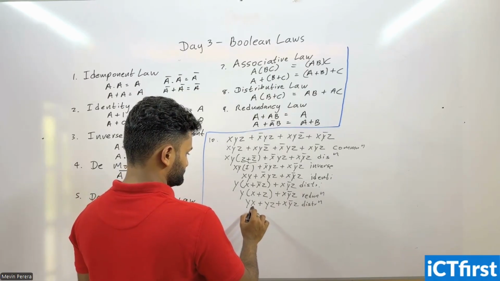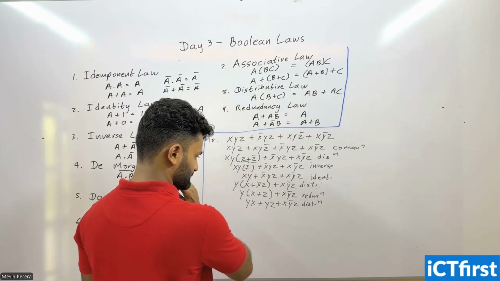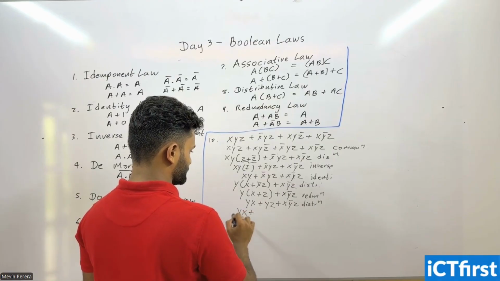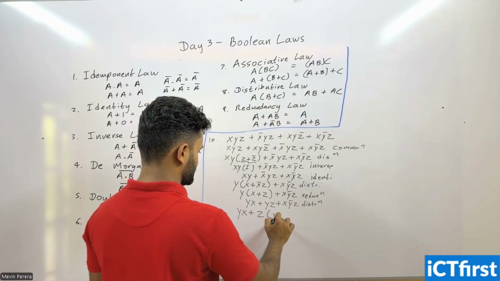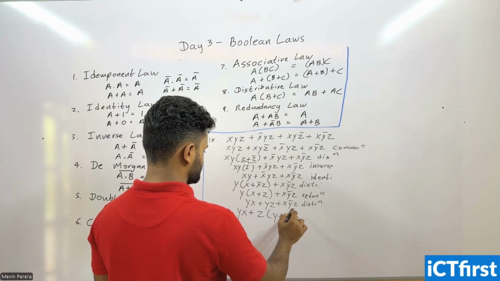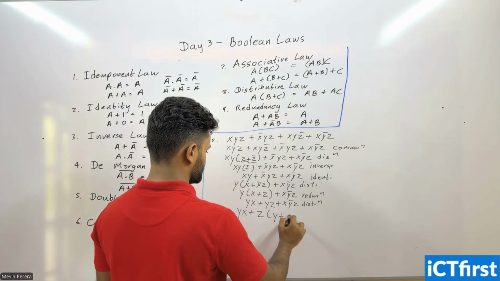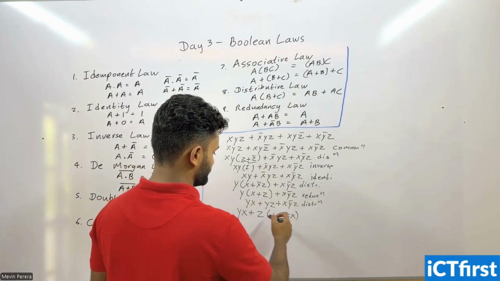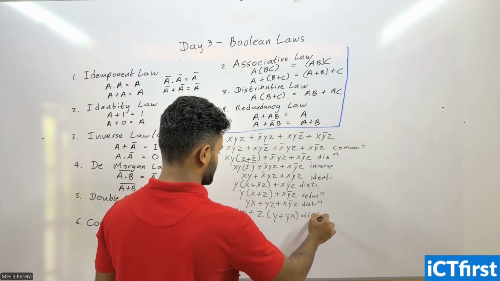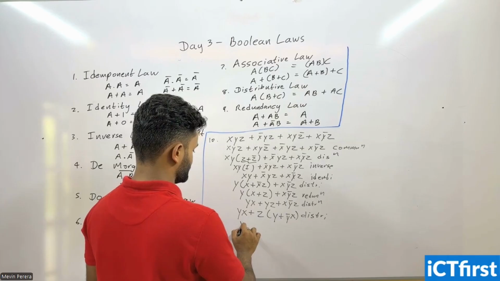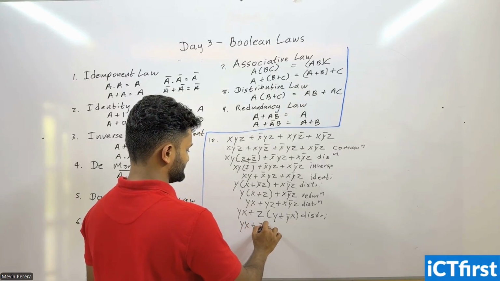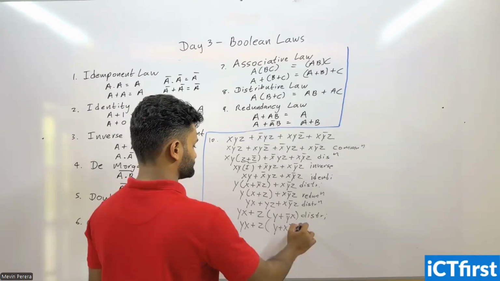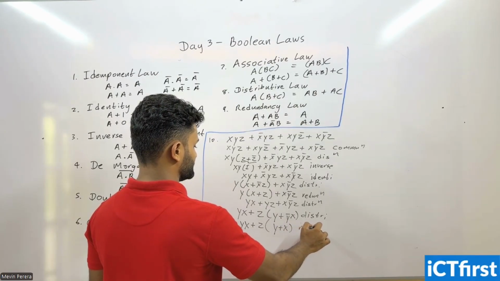Then once again, I can take z out and y plus y bar x, right? This is distributive. So yx plus z, y plus x, that is redundancy.